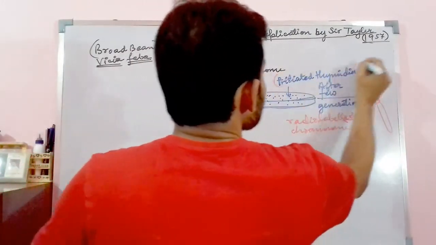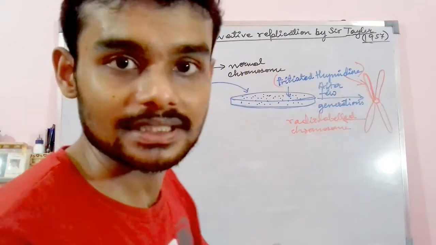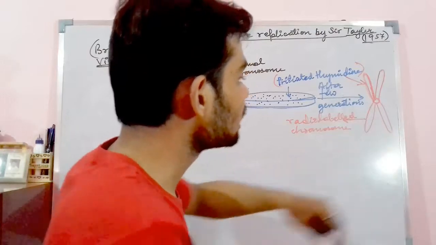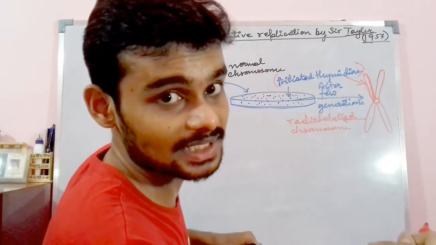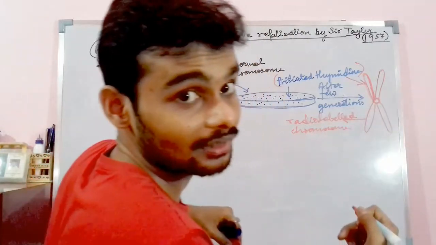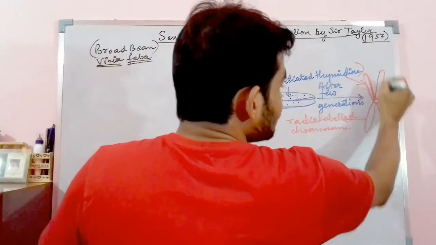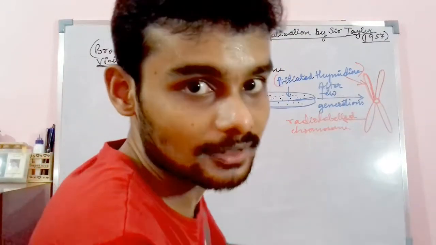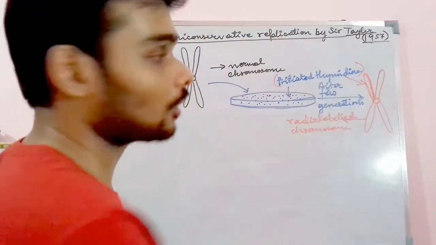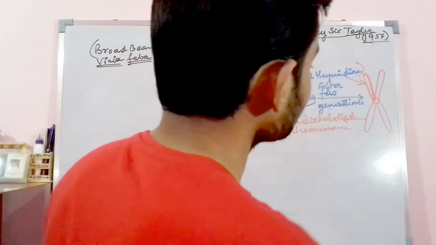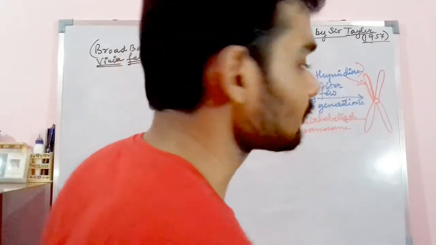It got incorporated within the chromatids of the chromosome. These are the chromatids. These two are known as sister chromatids because they are present on the same side of the centromere, and the opposite chromatids, these two, are non-sister chromatids. Now, when tritiated thymidine got incorporated within the chromosome, the chromosome became radioactive.